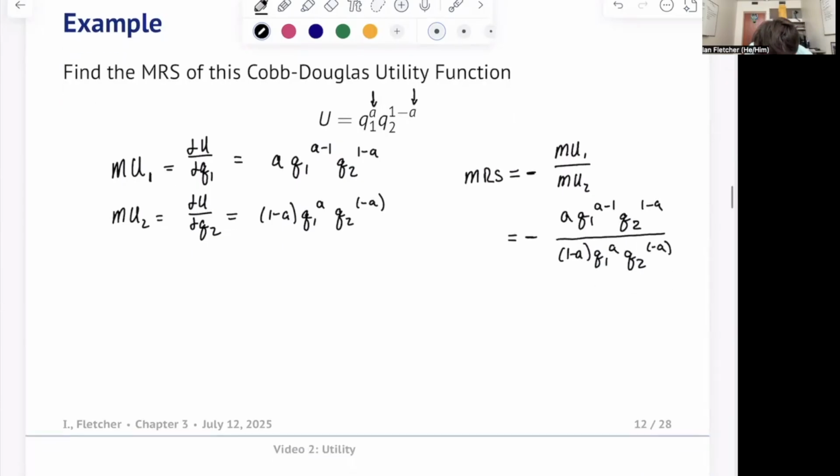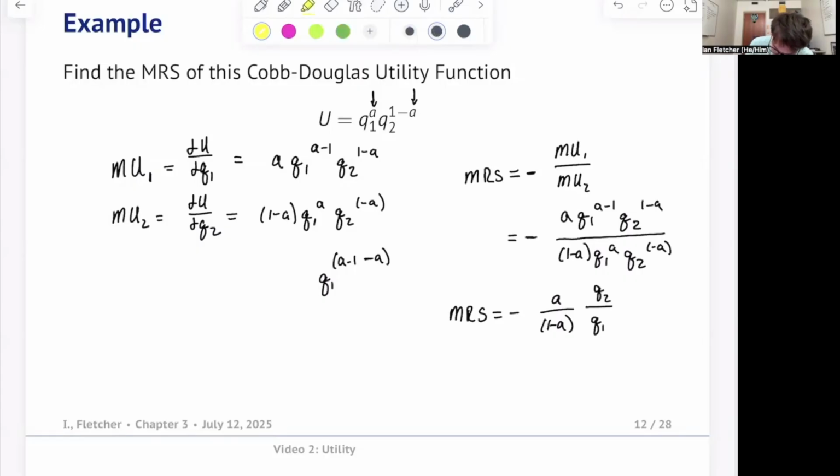And if we do some fancy simplifications, we get A over 1 minus A. And then we're going to get Q2 over Q1: the Q1 to the A minus 1 is going to flip Q1 downstairs, same thing with Q2. And so this would be the formula for your marginal rate of substitution of a Cobb-Douglas utility function.